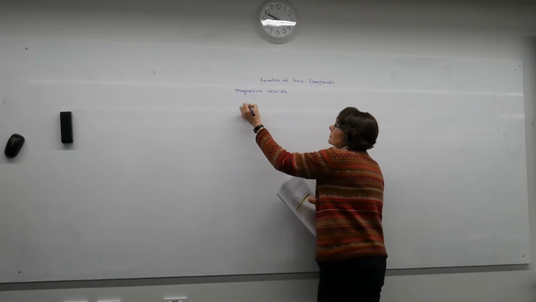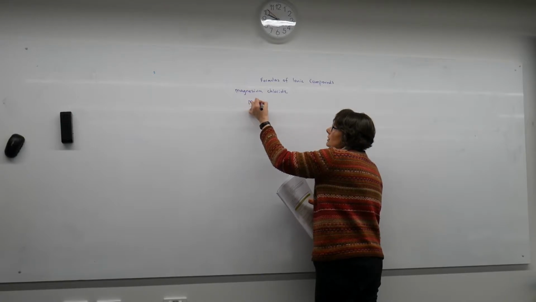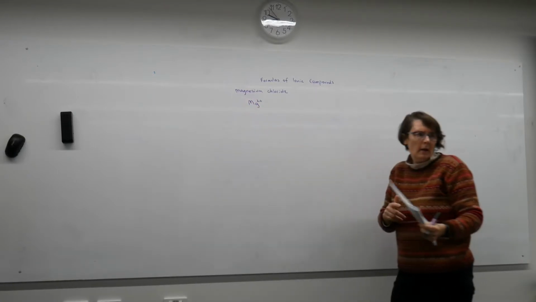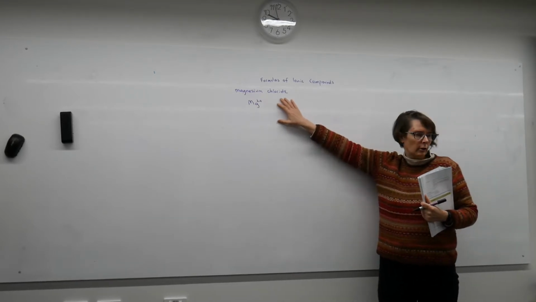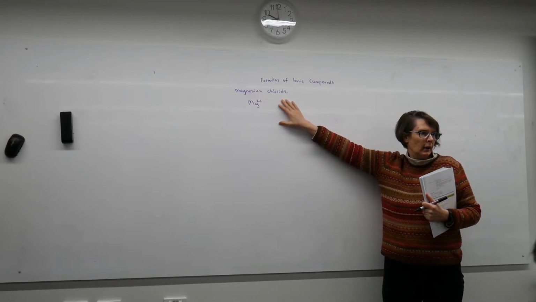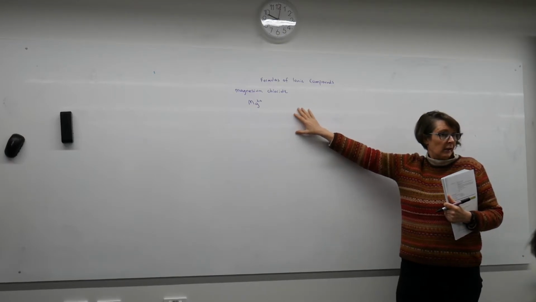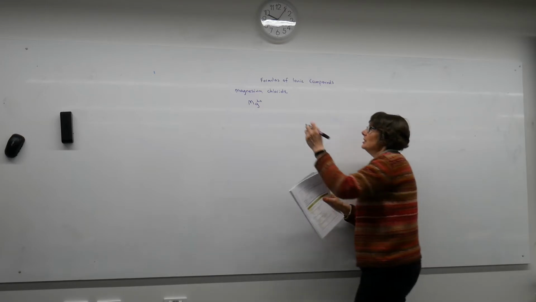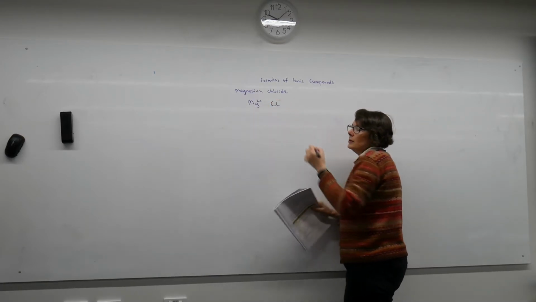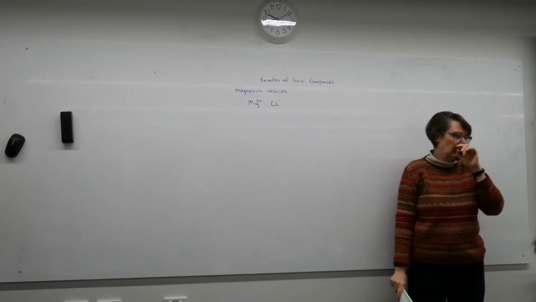And I'll look it up and I'll see that it has a 2+ charge. Then I look for my chloride ion on my table of ions, in the negatively charged ions part, and I'll see that it has a single negative charge.